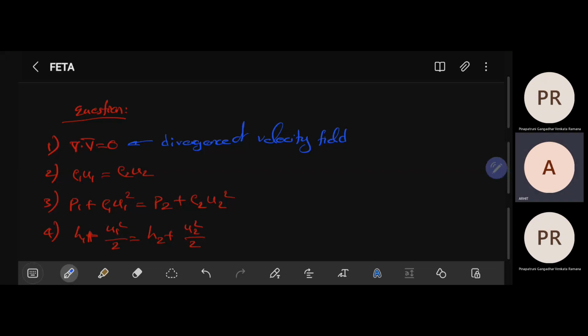So is it source flow? No. The divergence of the velocity field is correct, but what does it signify? So I need to check my notes, sir.